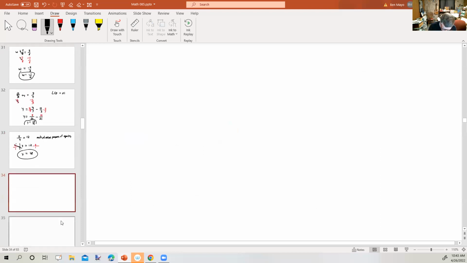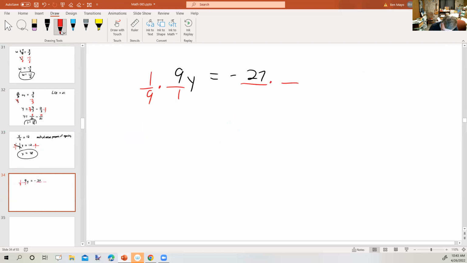Okay. Let's say we've got the following: 9y equals -27. Well, I could multiply both sides by the reciprocal of 9 over 1, which is 1 over 9, and I get y equals -3.